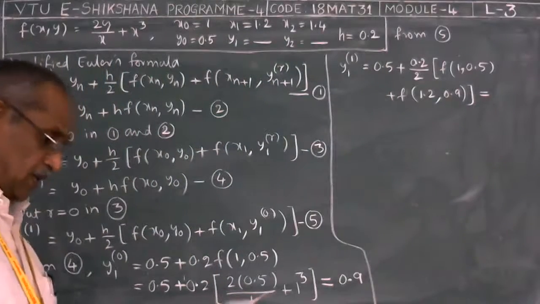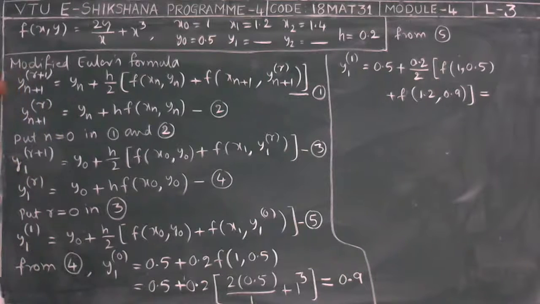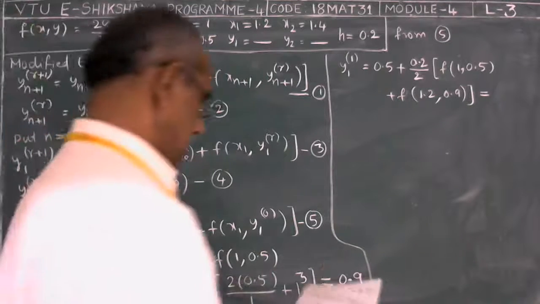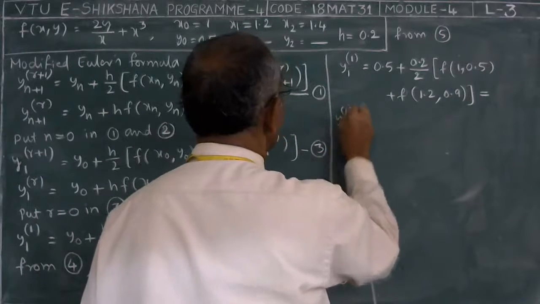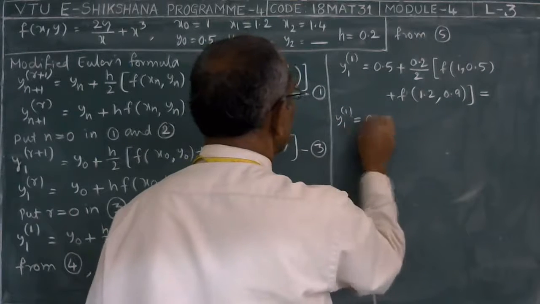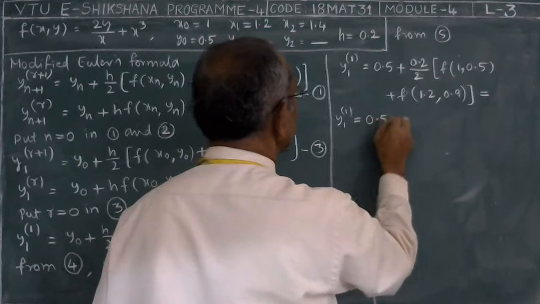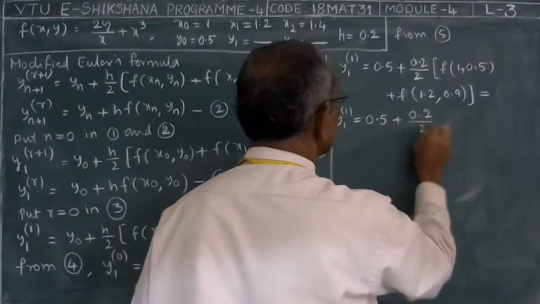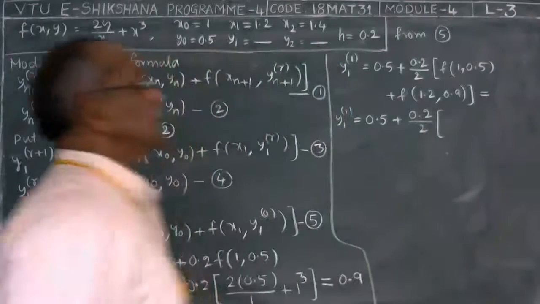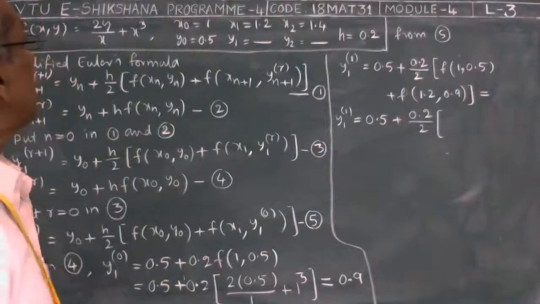So if you compute this, what do you get? y1 is equal to 0.5 plus h, which is 0.2 divided by 2, f of 1 comma 0.5.